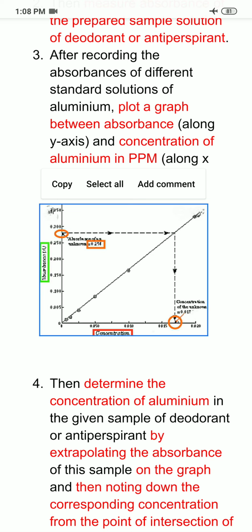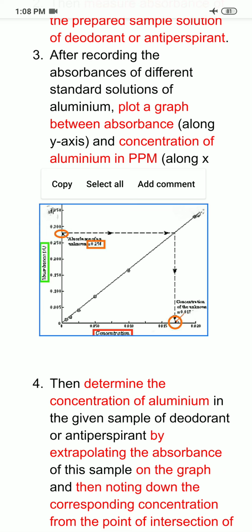So we are getting a straight line graph by connecting the different points. Now this is a standard graph. Suppose I recorded the absorbance of 25 ppm solution, 50 ppm, 75 ppm, 100 ppm, and so on, like 200, 400. So I will plot a graph and we will get this sort of graph.